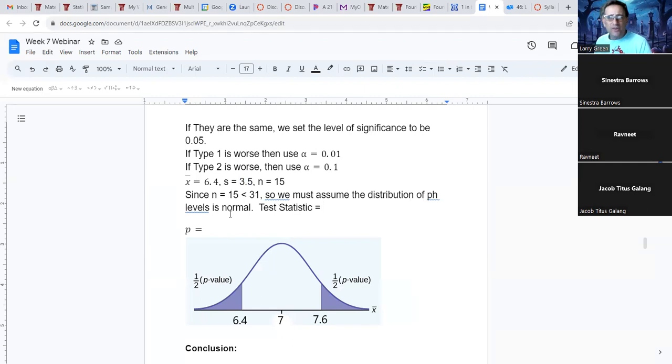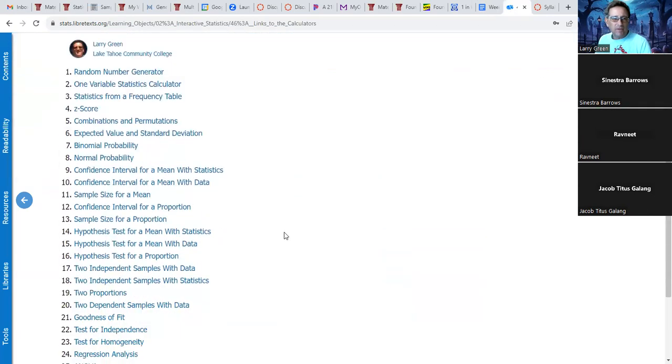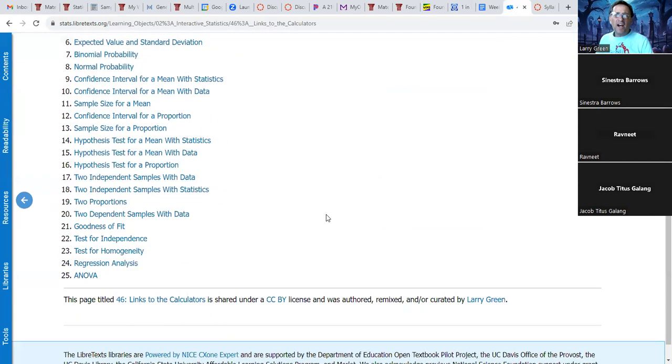Okay, so now that we have that, we can go to the calculator. Which calculator do you think I'm going to use? Which one do you think is the right one?